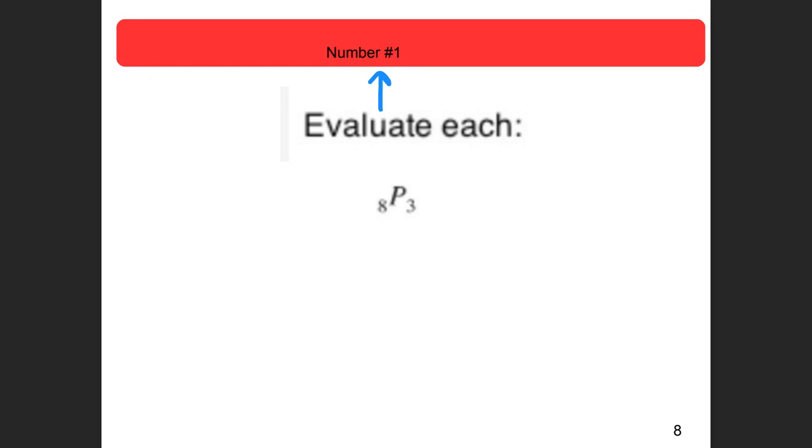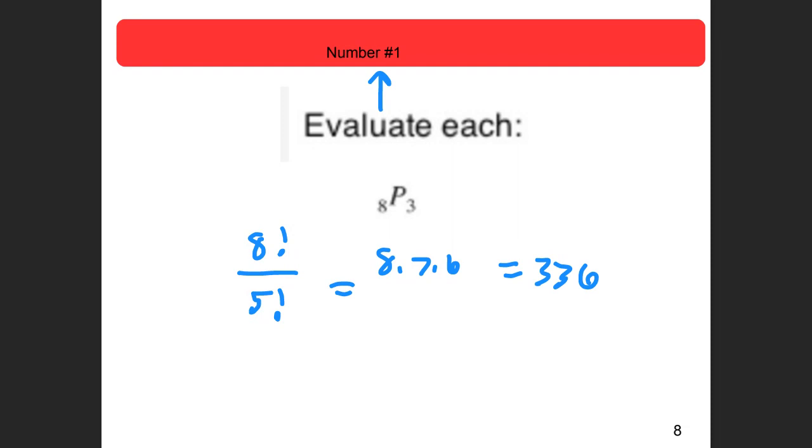So this would be 8 factorial over 8 minus 3 factorial, so that's 5 factorial. That would be 8 times 7 times 6, because the 5, 4, 3, 2, 1 would cross off. So my answer would be 336. Am I right? Did Mr. Shanklin beat Desmos? I probably didn't beat Desmos, but you can do it that way.